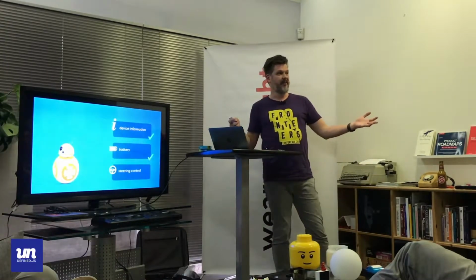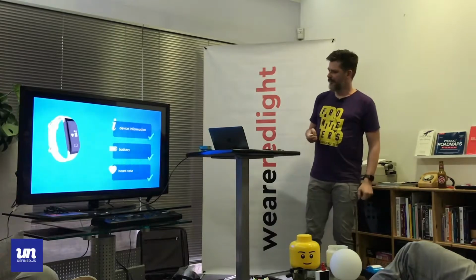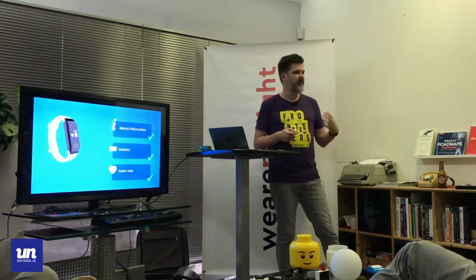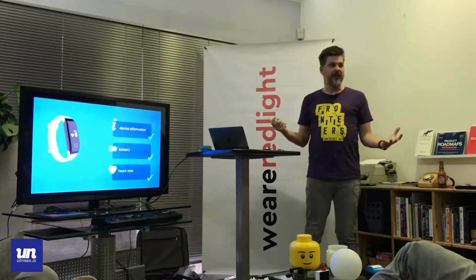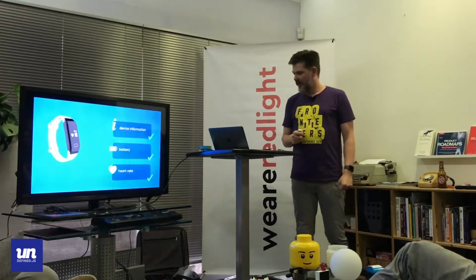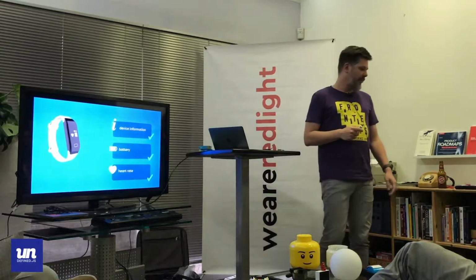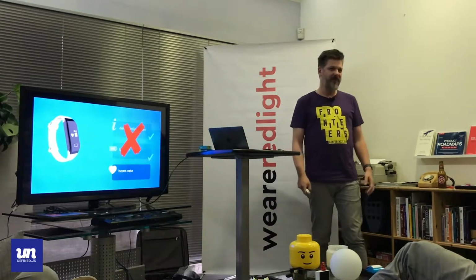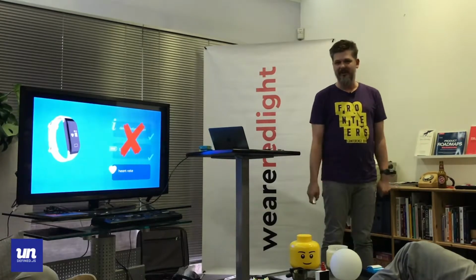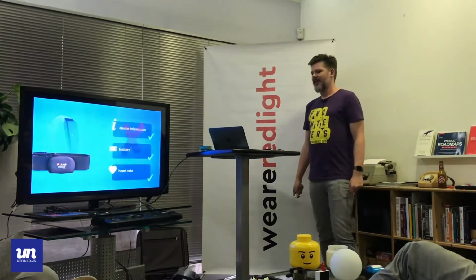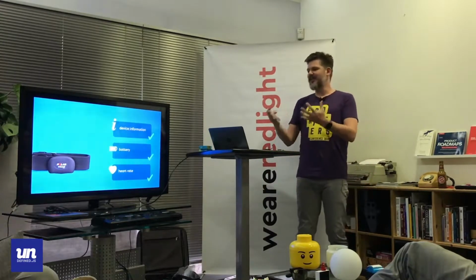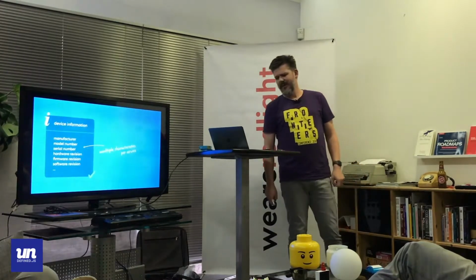Device information, battery, again standards, and steering control. A heart rate monitor might have device information, battery, and heart rate, which is again a standard. Or if you buy a really crappy one, it isn't a standard and it doesn't offer battery and device information, so it's all dependent on the device itself. If you buy a slightly more expensive one, you do get the standard versions.